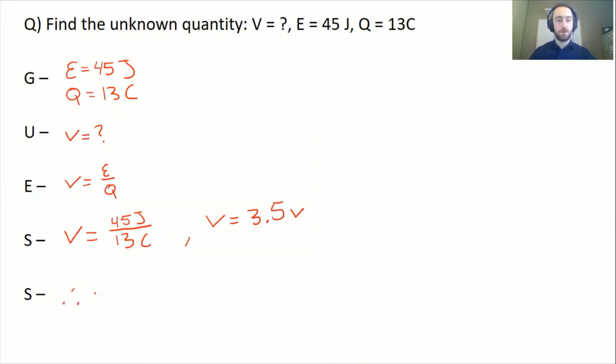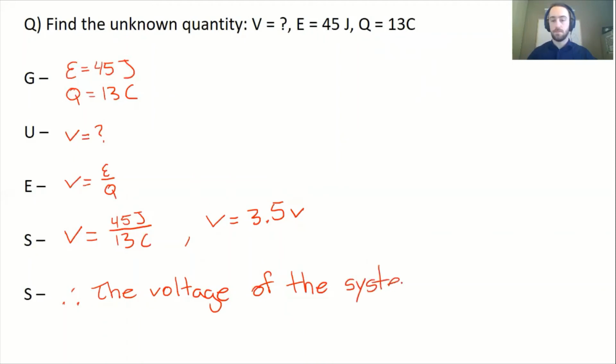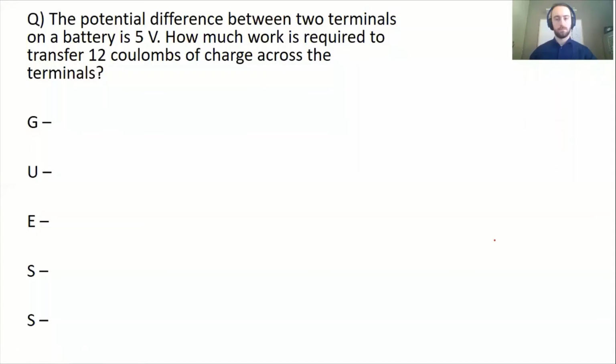So therefore, the voltage of the system is 3.5 volts. The important thing here is we don't want to forget our units. So joules per coulomb is simply volts. Let's go ahead and try one more example.